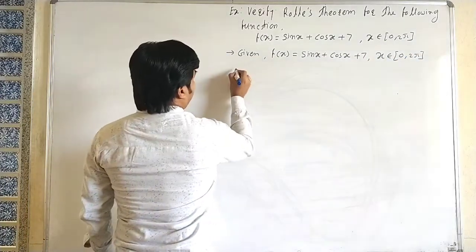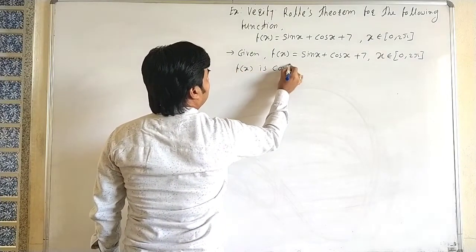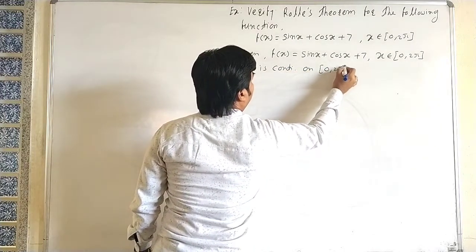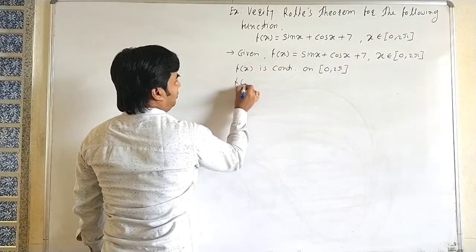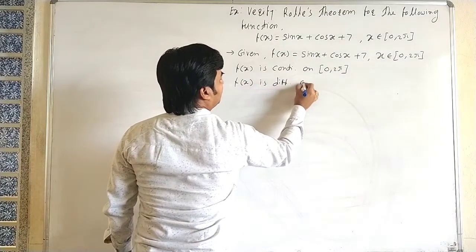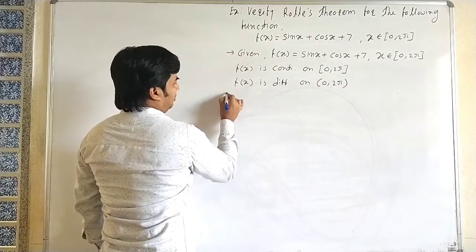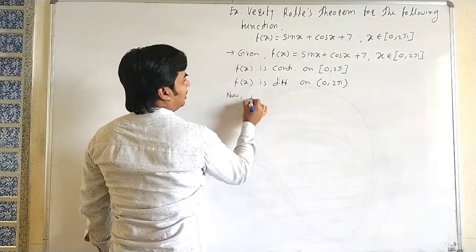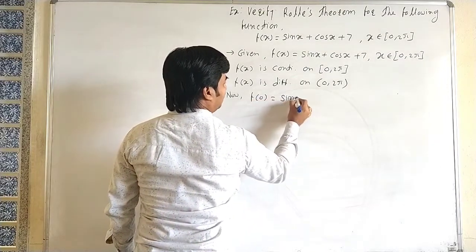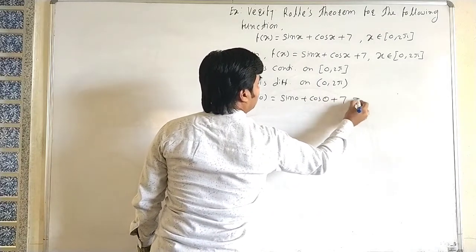Here again f(x) is continuous on [0, 2π], and f(x) is differentiable on (0, 2π). Now here f(0) is equal to sin 0 plus cos 0 plus 7.